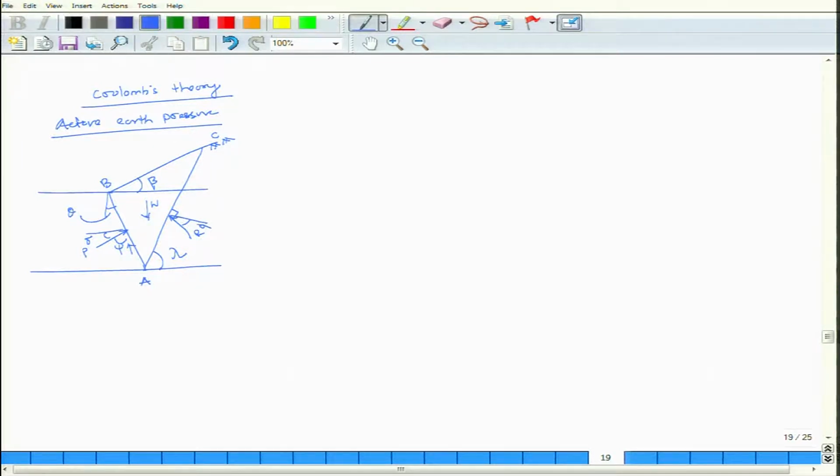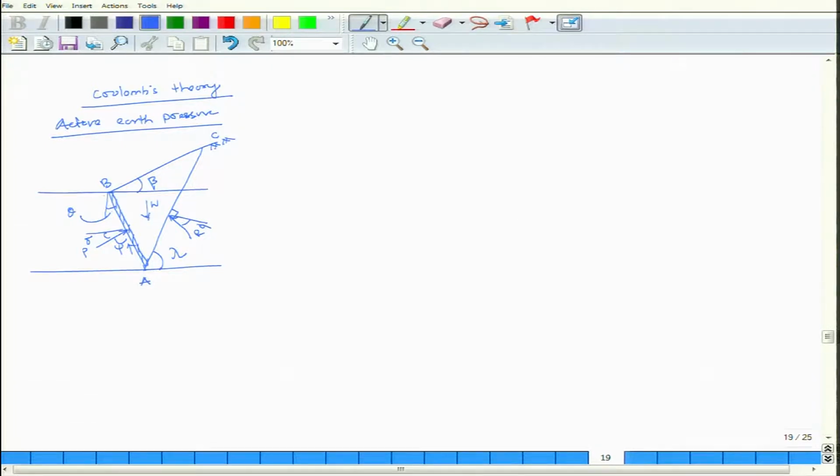So, this is how the wedge makes an angle lambda. This is my wall, AB is my wall. It makes a theta with the vertical, and beta is the angle of the inclined backfill. The failure surface is lambda.